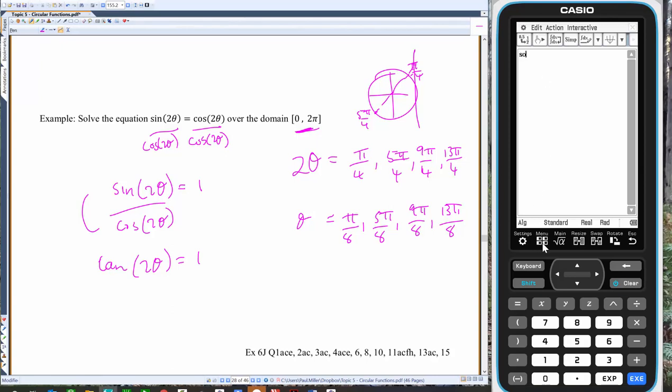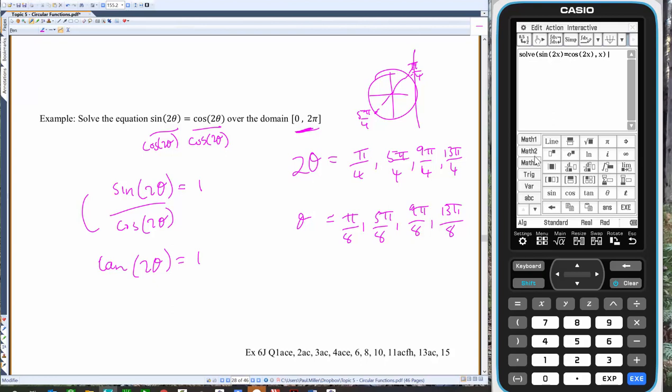So we're going to go ahead and solve sine 2x equals cosine 2x for x, and we feed it a domain restriction because otherwise it'll produce a general solution because there's an infinite number of solutions, so 0 less than x less than 2 pi.